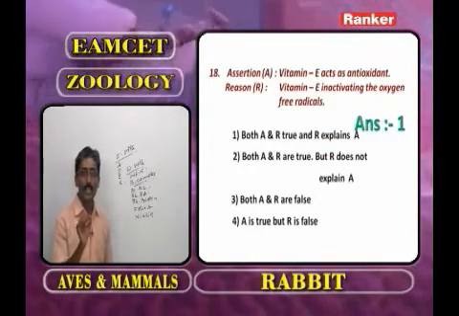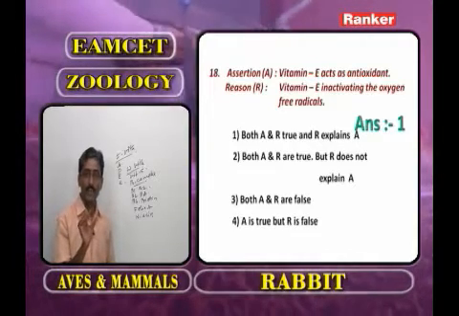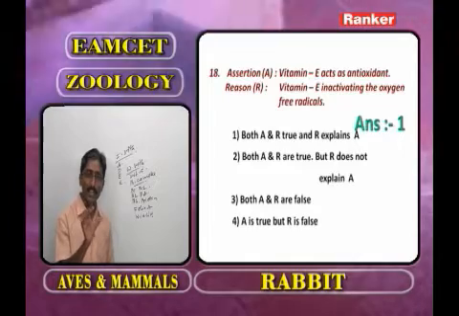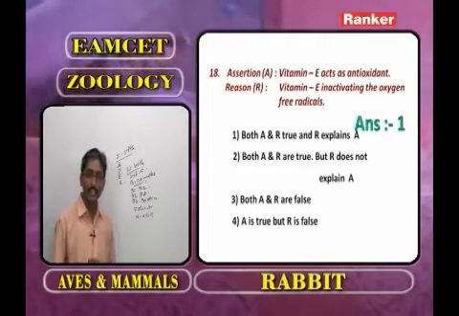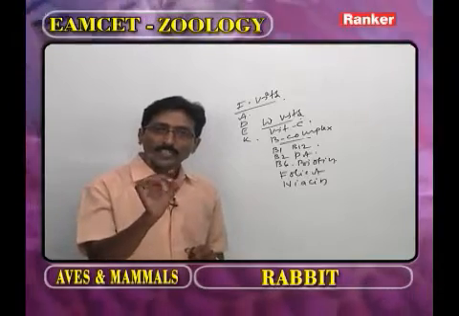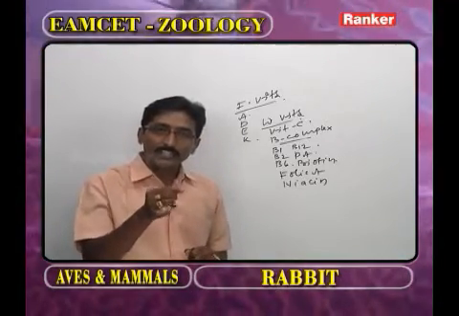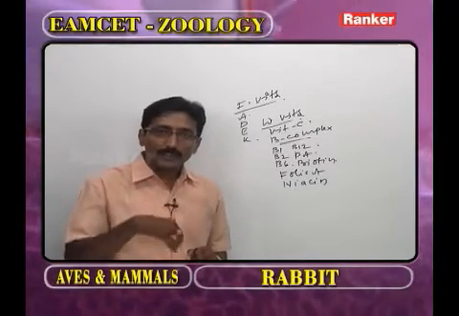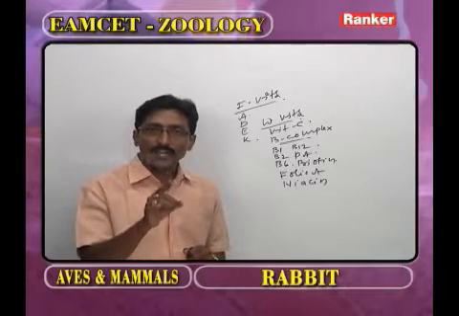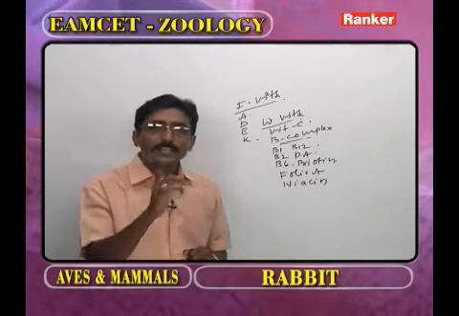We have a good idea regarding herbal teas. Students, we have some idea regarding green tea, herbal tea, etc. that are available in the market. If we take herbal tea or green tea, along with it we get vitamin E. What is the importance of vitamin E? Vitamin E inactivates the oxygen free radicals.